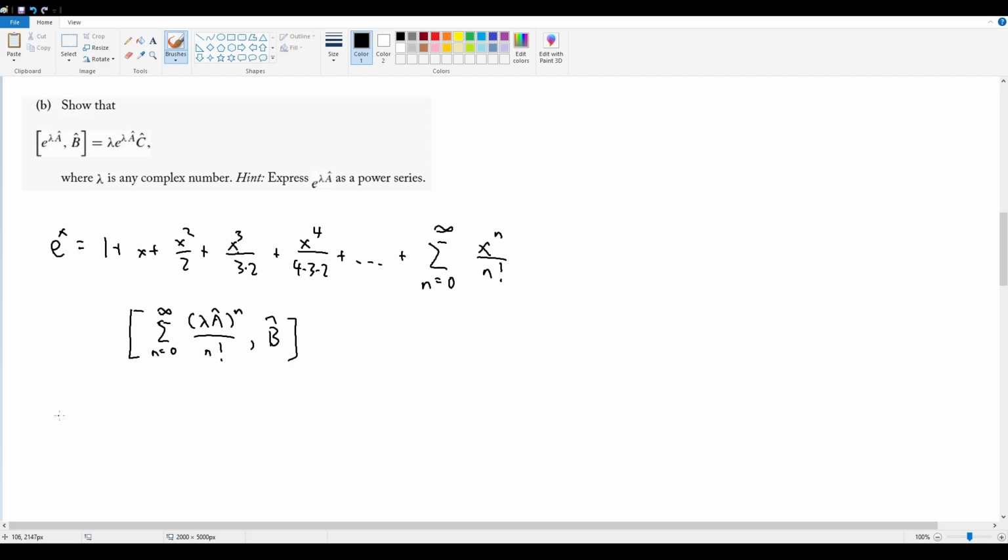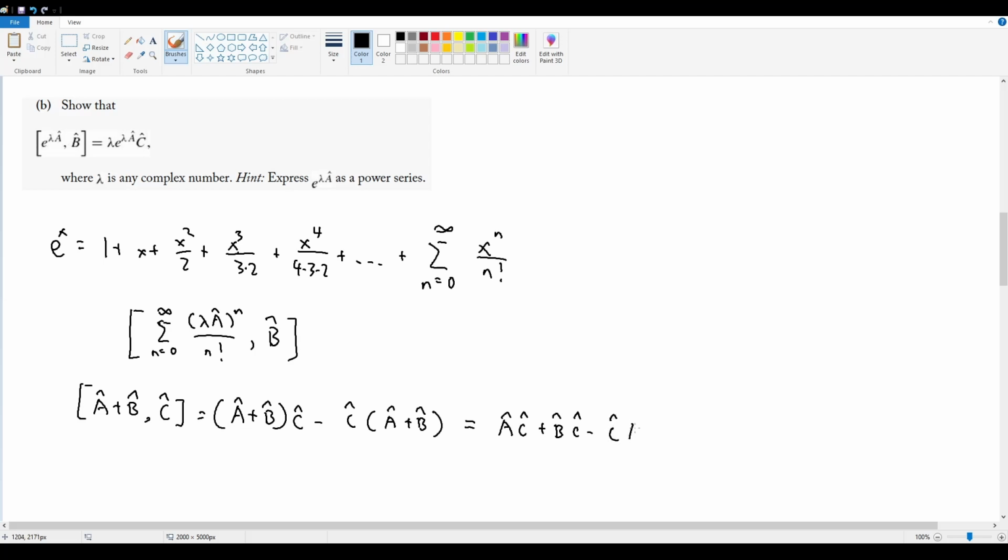And what I mean by that is that if I have something like a hat plus b hat commutating with c hat, if I write this out fully, this is equal to a hat plus b hat acting on c hat, subtracted by c hat acting on a hat plus b hat. And if I act this out fully, this is a hat c hat plus b hat c hat minus c hat a hat minus c hat b hat.